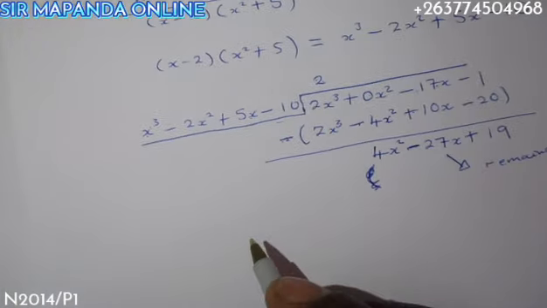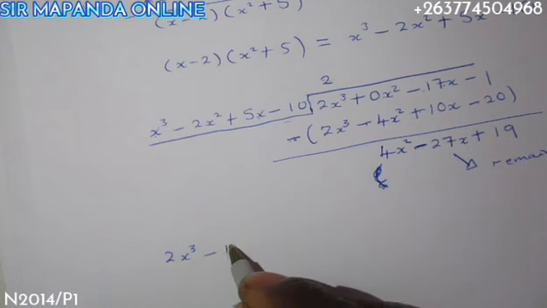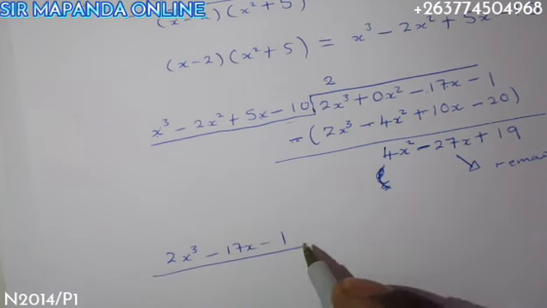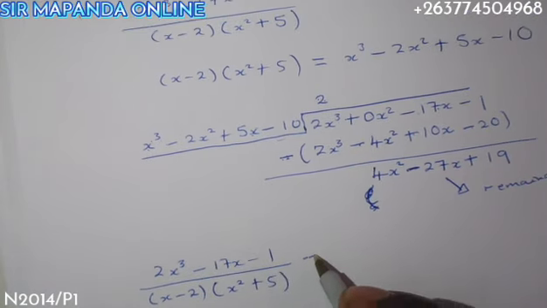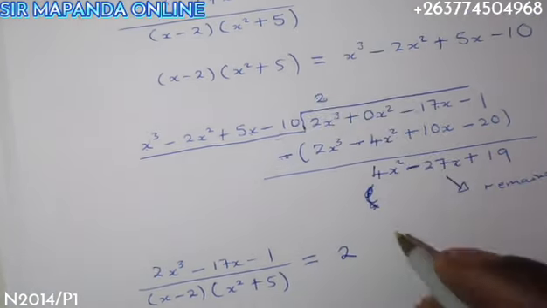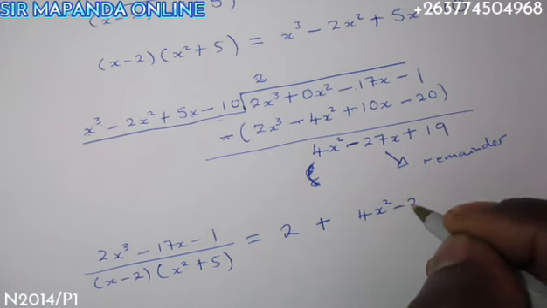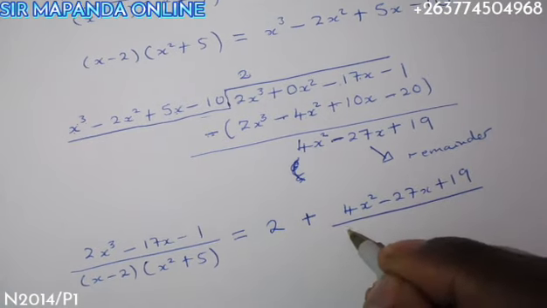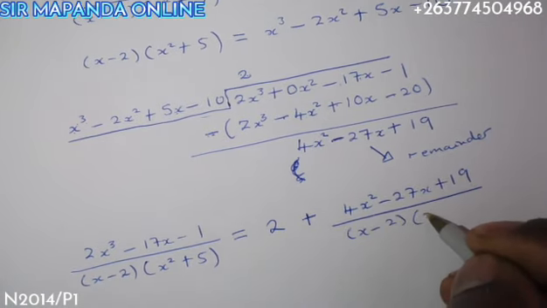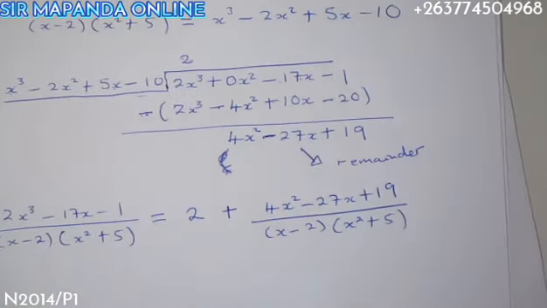Right, so you are going to say 2x cubed minus 17x minus 1 over x minus 2, x squared plus 5 is equals to 2, this 2, right, plus, then you write remainder 4x squared minus 27x plus 19 all over x minus 2, x squared plus 5.